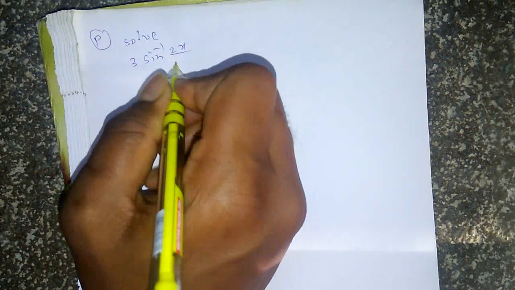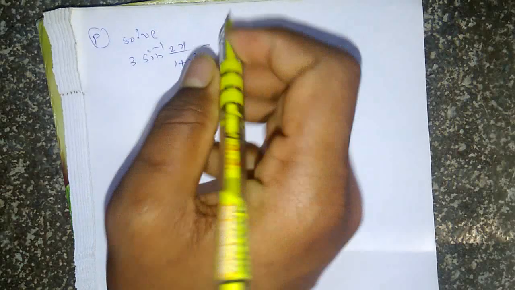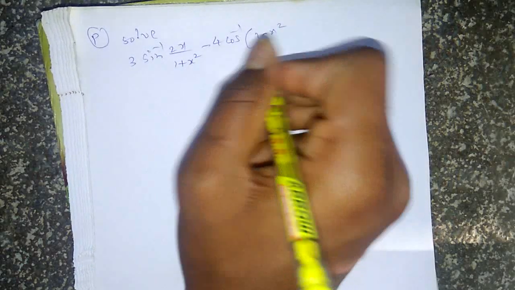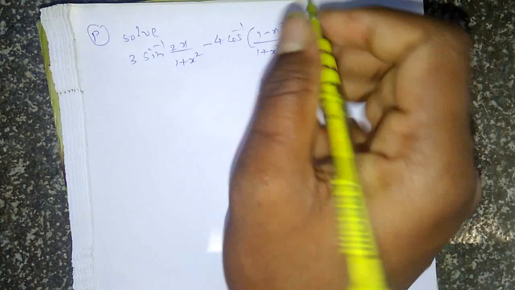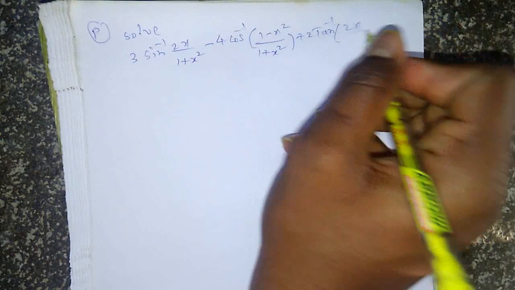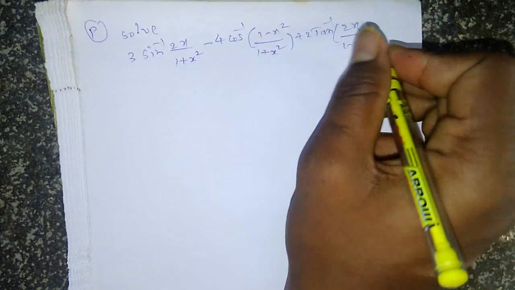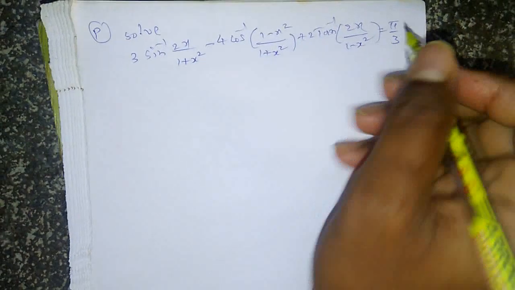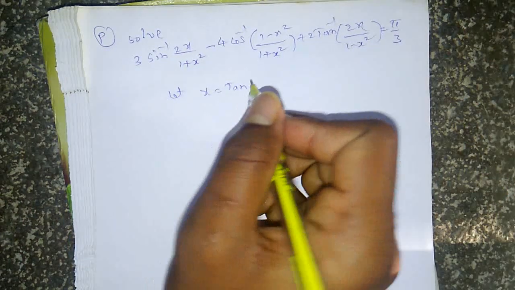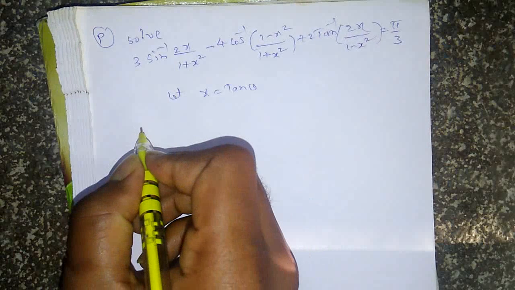Our next problem is solve 3 sin inverse of 2x by (1 plus x square) minus 4 cos inverse of (1 minus x square) by (1 plus x square) plus 2 tan inverse of 2x by (1 minus x square) is equal to pi by 3. Here let us take x is equal to tan theta.